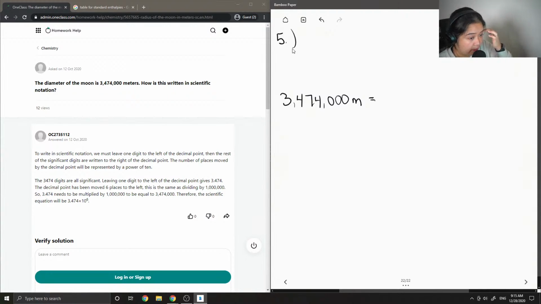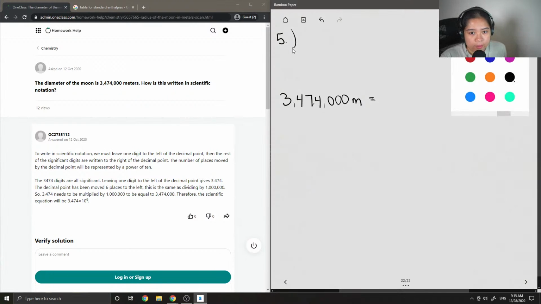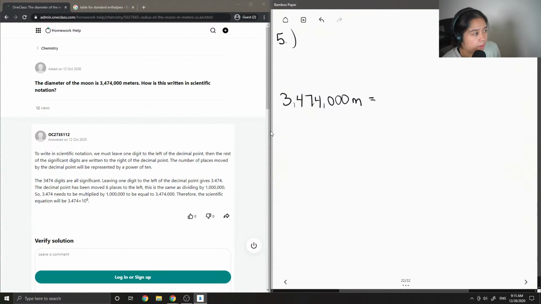So my method of trying to convert such large or small numbers into scientific notation is that I add the decimal after the last number. So let me write: add decimal.